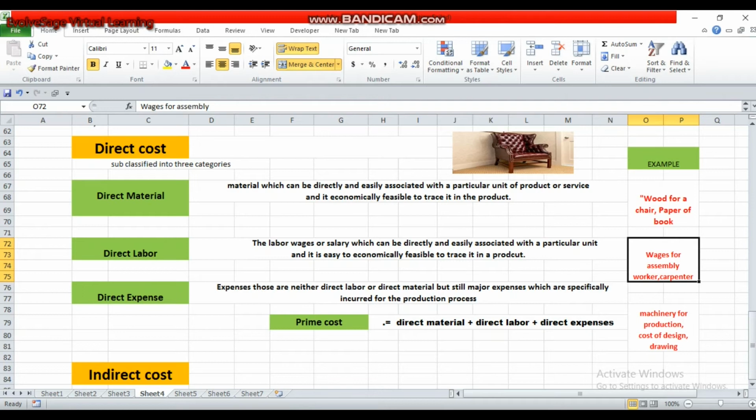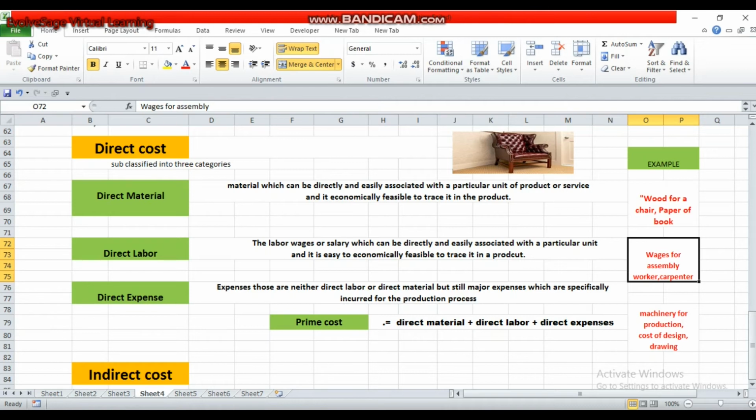Okay, so another direct cost that we incurred in the production department is direct expense. Those are neither direct labor nor direct material, but still major expenses which are specifically incurred for the production process. Those expenses will be called direct expenses.